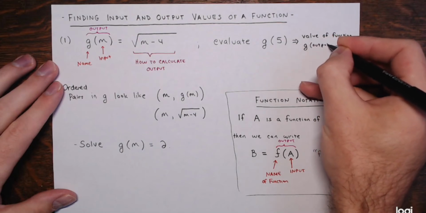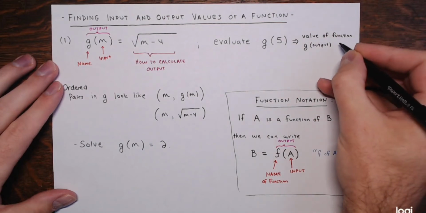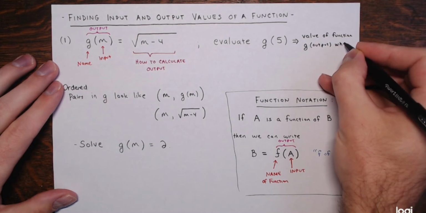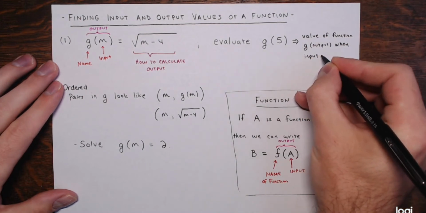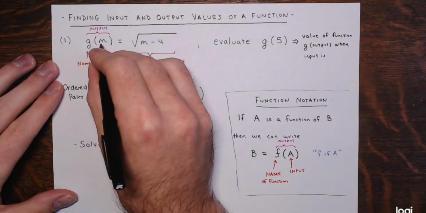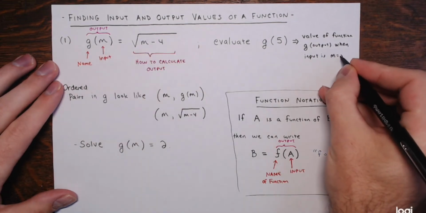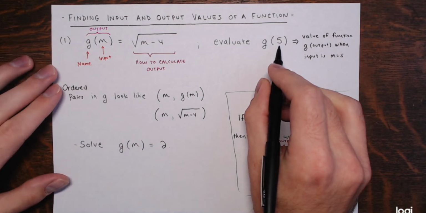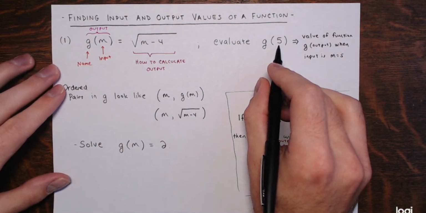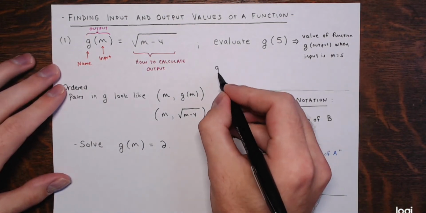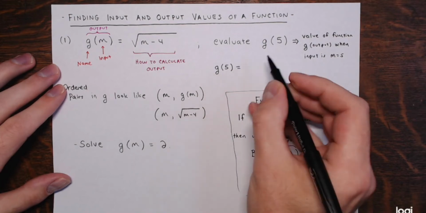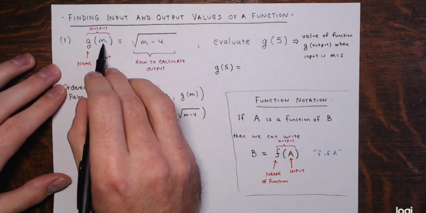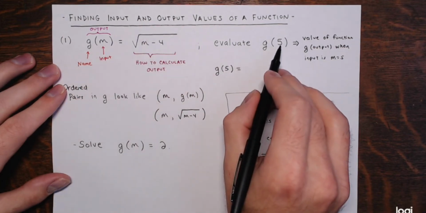The output of function g when the input is 5. And remember that 5 is replacing m when the input is m equals 5. So again, all I'm doing then, if I want to find g of 5, I just replace m with 5 everywhere.